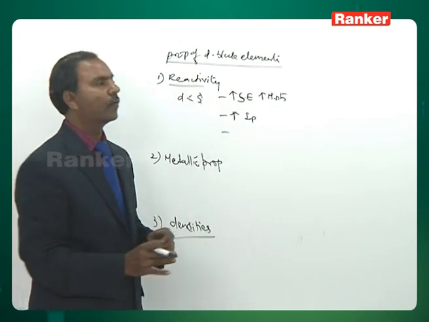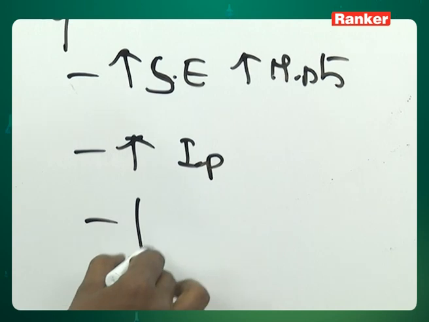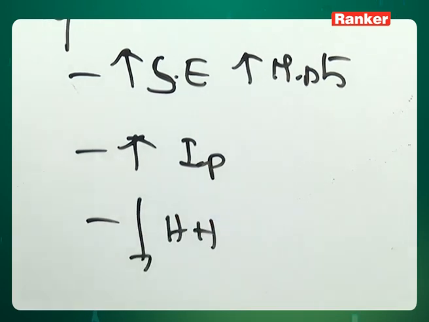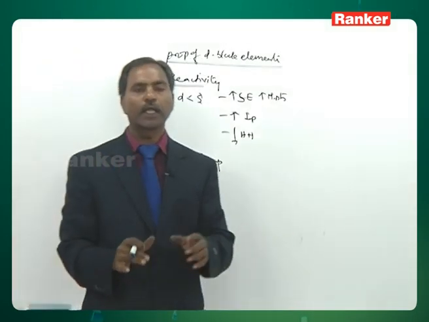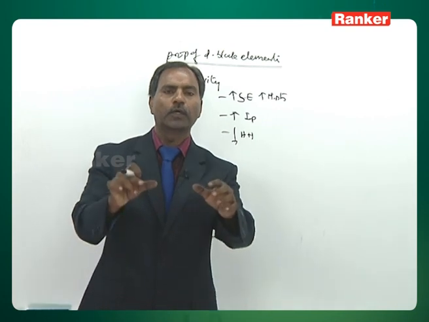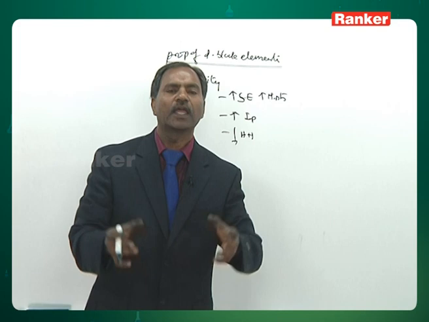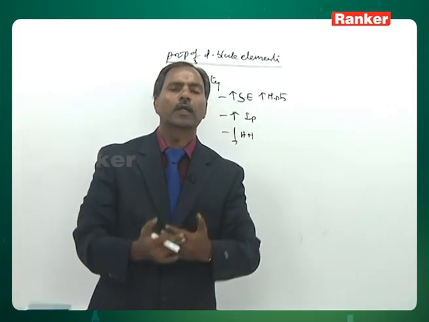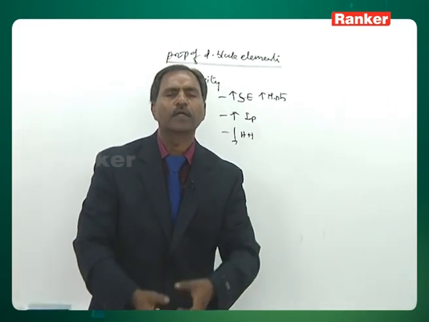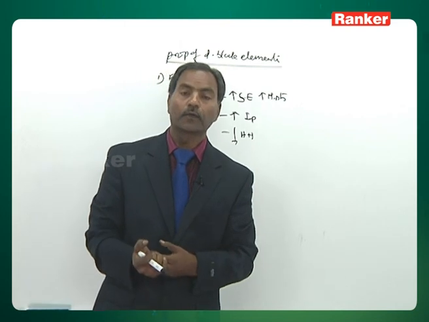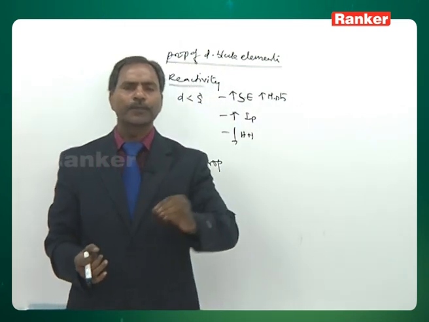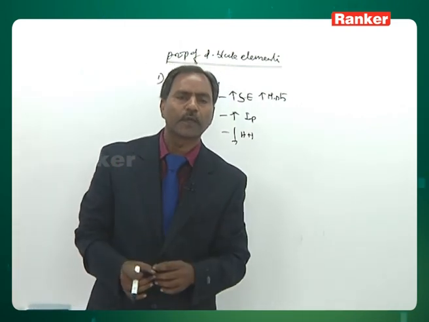Coming to the third one, their heat of hydration values are low. Take the group 1A metals and put them into water. As you put them into water, many water molecules occupy the ion and a large amount of heat is liberated. Therefore, they are more reactive. But take an iron piece and put it into water. What happens? Nothing happens.